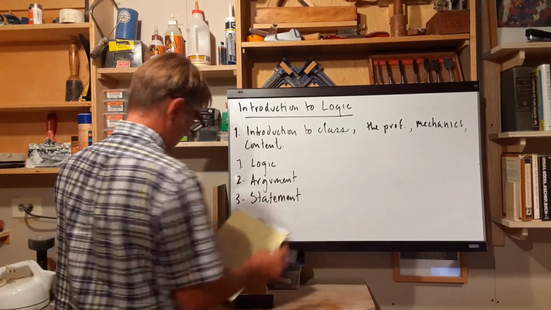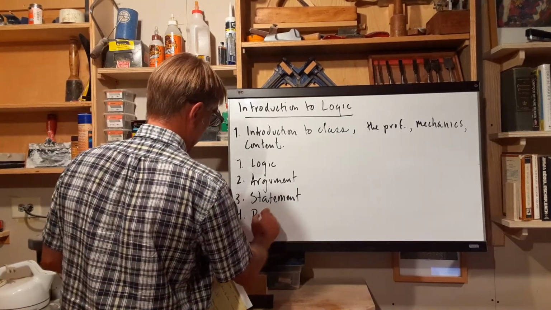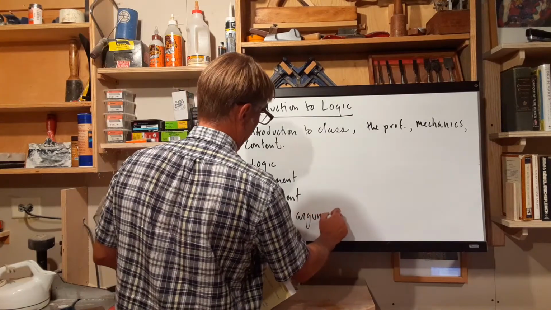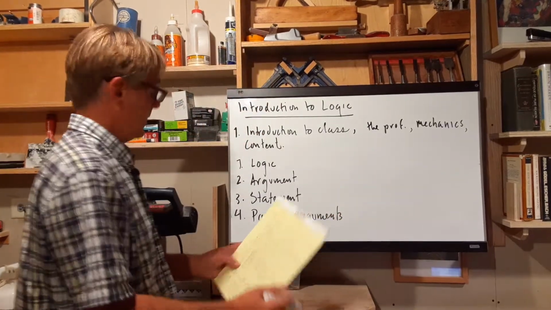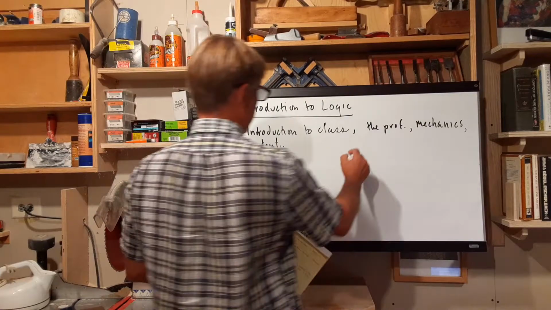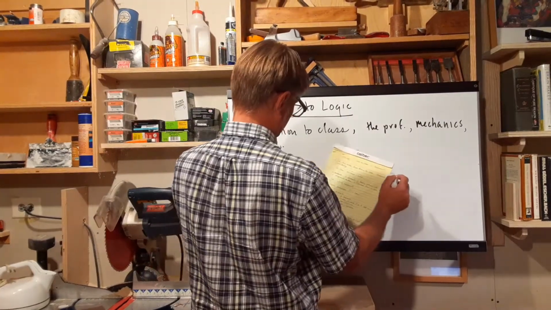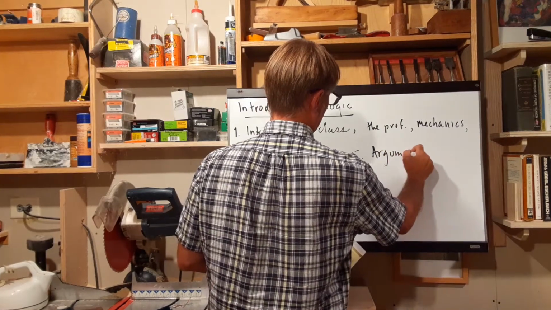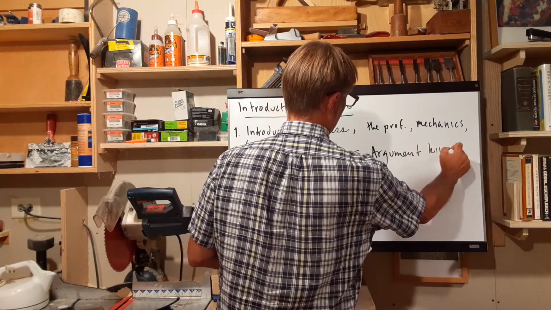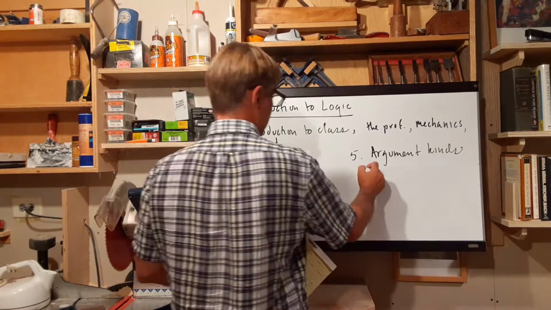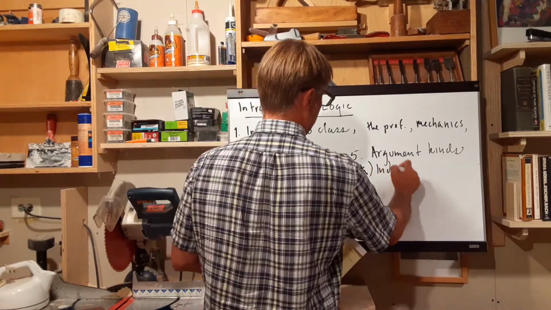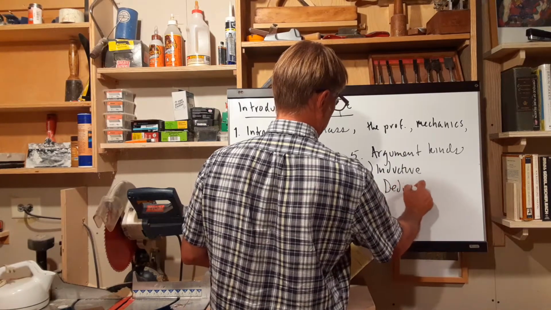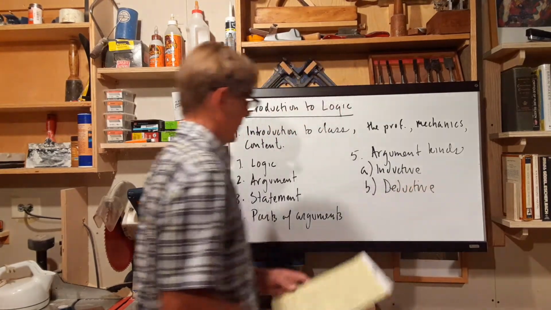The 4th is parts of arguments. And the 5th is argument kinds. And this amounts to 2 kinds, A, inductive and B, deductive. So that's where I get the 7.